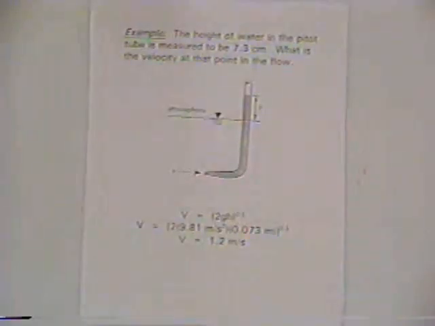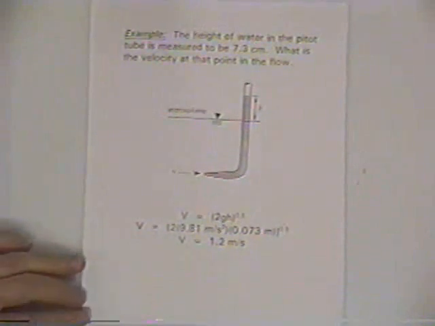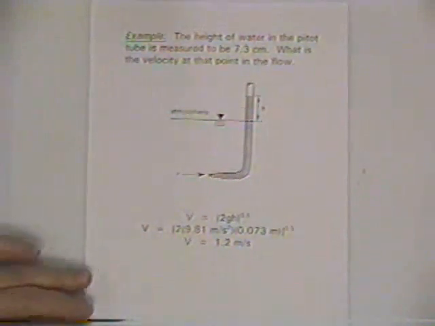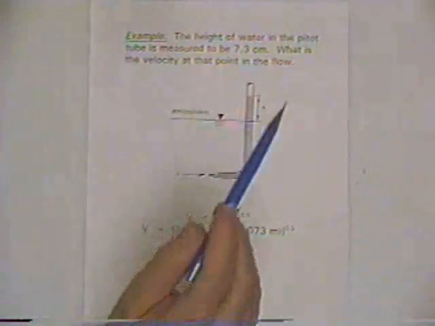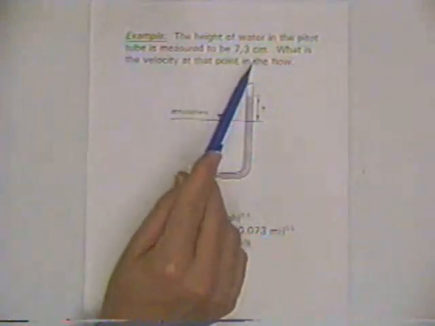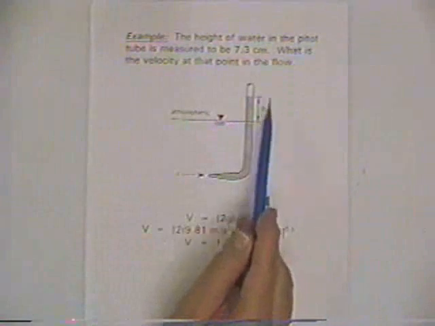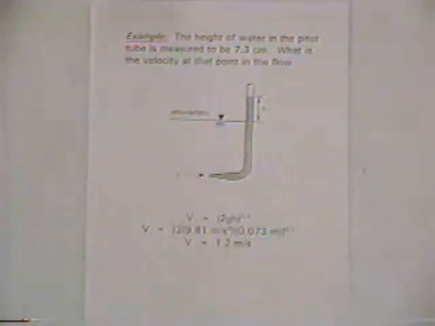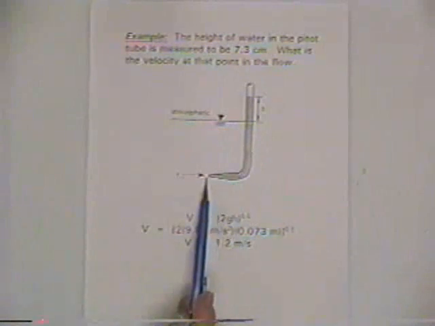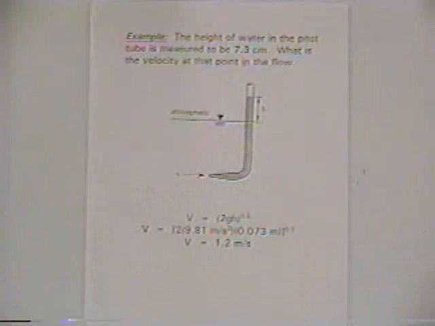And so in this example, which is a little bit of a variation of an example that's also presented in your EIT review reference book, we just changed it a bit. Here we've measured this height, and we measured it to be 7.3 centimeters, and so we want to know the velocity at this point in the flow. We've already worked the problem.